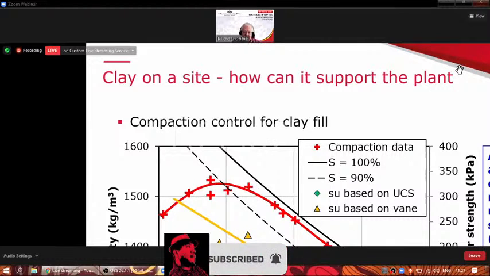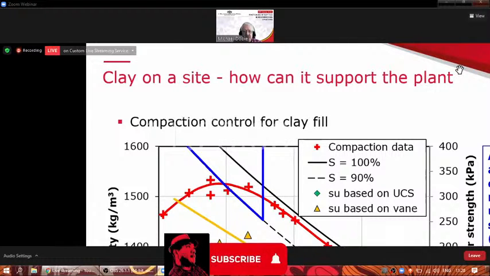And you can see, if we are going to make sure we have at least 150 kilopascals of undrained shear strength, then we're going to need to make sure we stay somewhere inside this blue shape. It's a bit different now, because we also want to make sure that our maximum air void content is only 10%.